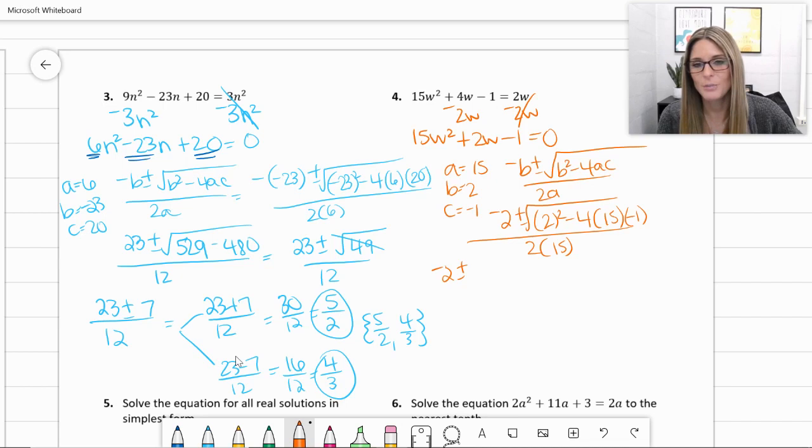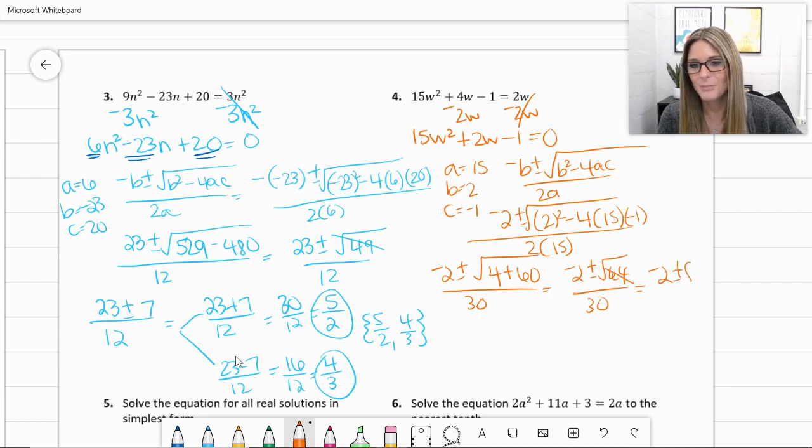Simplifying, I get negative 2 plus or minus the square root of 2 squared is 4. We've got a negative 4 times 15 times negative 1. If you don't know, throw it in the calculator, but it's going to give me a positive 60. And then 2 times 15 in the denominator gives us 30. 4 plus 60 under that radical is going to give us the square root of 64, which is a perfect square. The square root of 64 is 8.